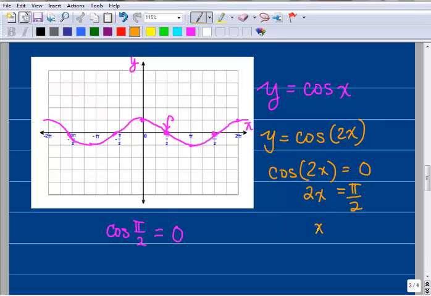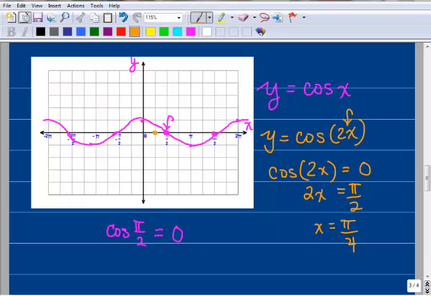And when I solve this for x, dividing both sides by 2, I get x equals pi over 4. So under this transformation where we replace x by 2x, I see that the 0 at pi over 2 gets mapped to pi over 4, this position.